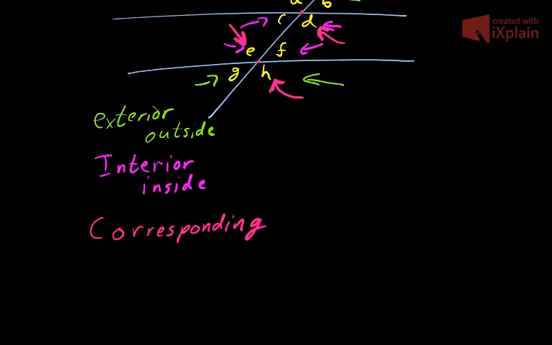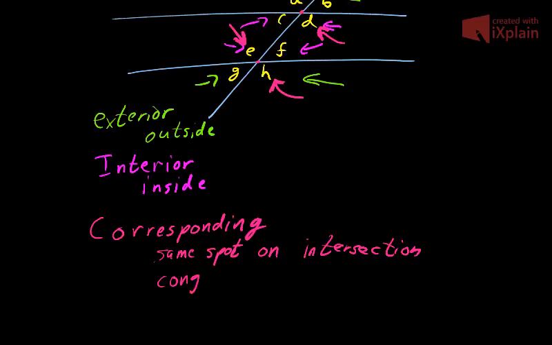So it means that they're at the same spot on the intersection. And these are also going to be congruent, which one more time means equal.